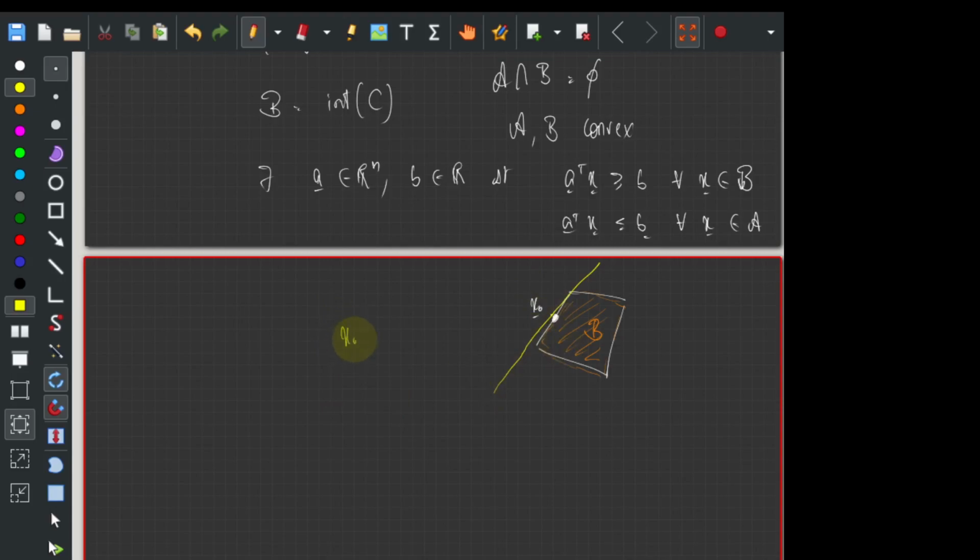So x0 is on the line. Basically, it is on the separating hyperplane. So what does this imply? The separating hyperplane is also a supporting hyperplane, right? So a transpose x is greater than or equal to b for all x in the set C.